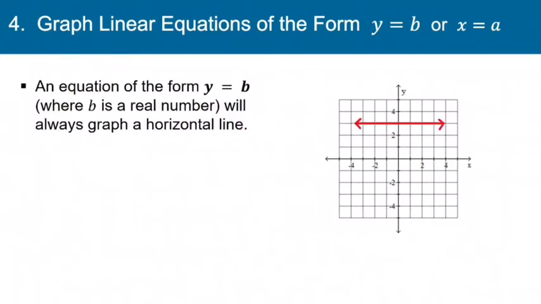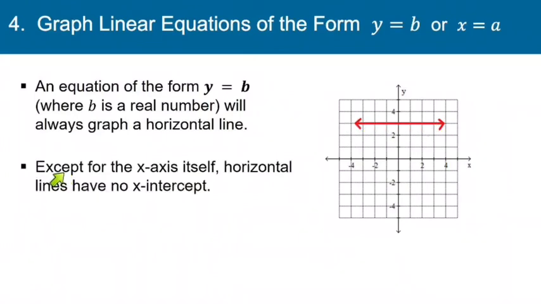So let's try to sum this up. An equation of the form y equals b, where b is a real number, will always graph a horizontal line. Now notice that except for the x-axis itself, a horizontal line will have no x-intercept. Remember, an x-intercept is where the line crosses the x-axis.